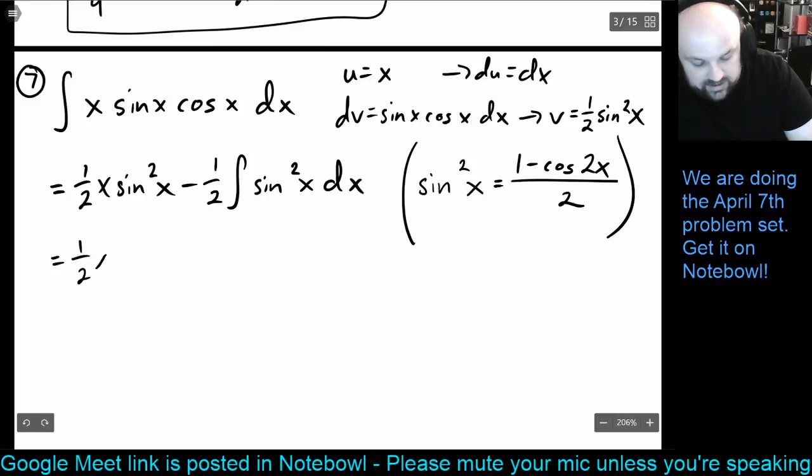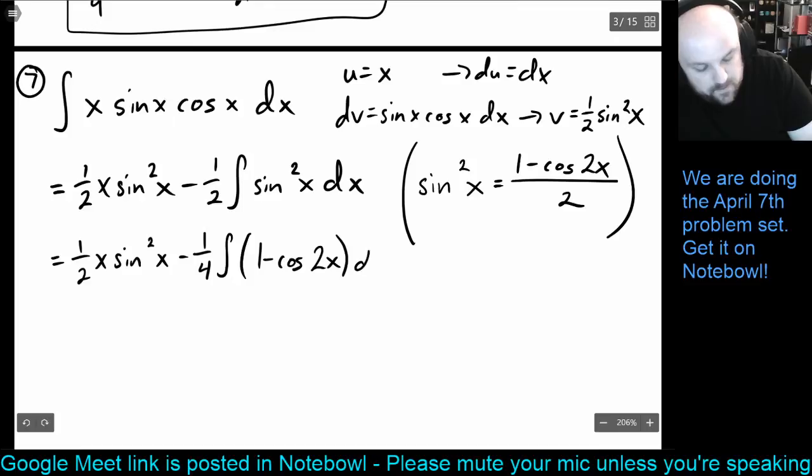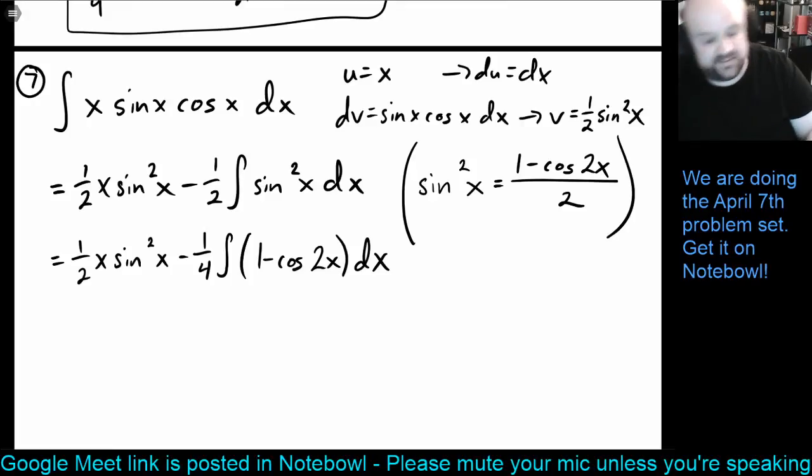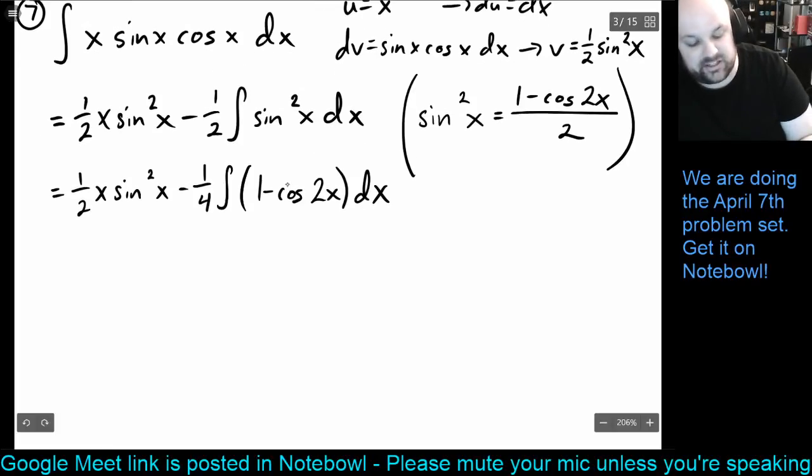This is how we get through this one. So we get 1/2 x sine squared x minus, right, this over 2 here, I can factor out as another 1/2. So this turns into this. Okay. So we got that there. And now we want to integrate this. Now this we can actually integrate, right? There's nothing tricky going on here.